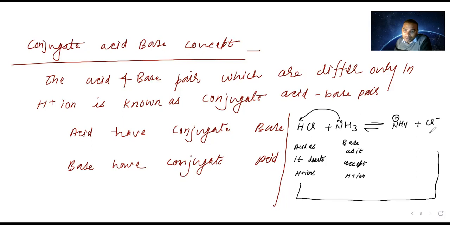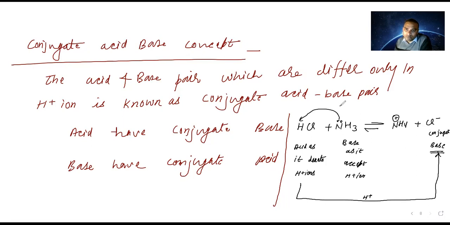This is going to be the conjugate base. Why? Because HCl and Cl minus differ only in H plus ion. So the acid is converting into a base.